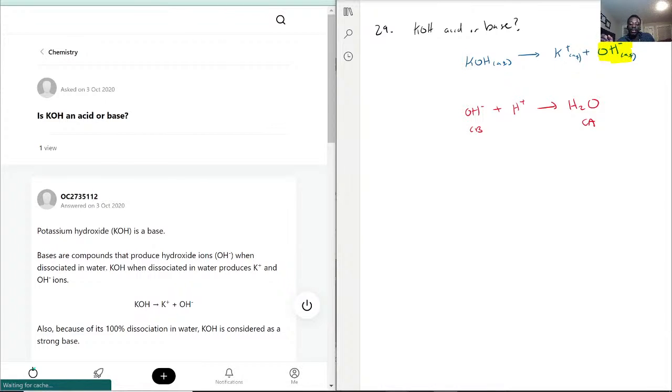Okay, so with that being said, that makes KOH, because it has OH minus, not just a base, but a strong base, because OH minus is actually the strongest type of base you can have. So let's see here in our acid base list.